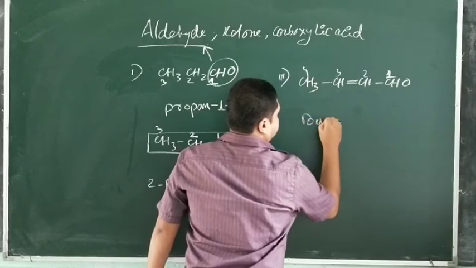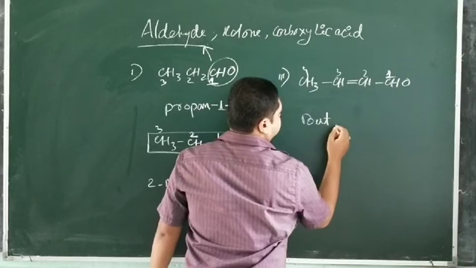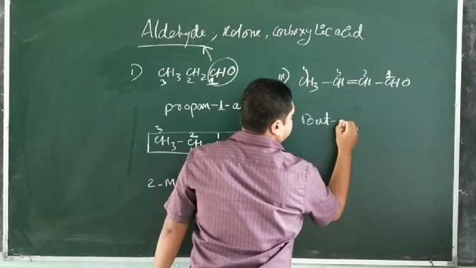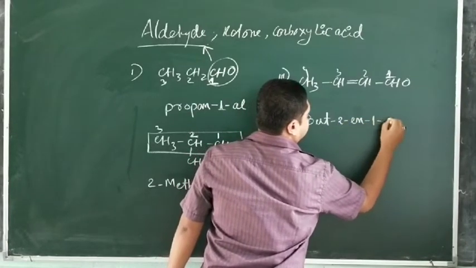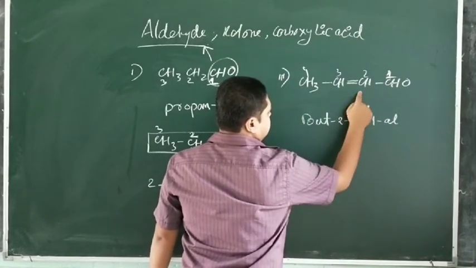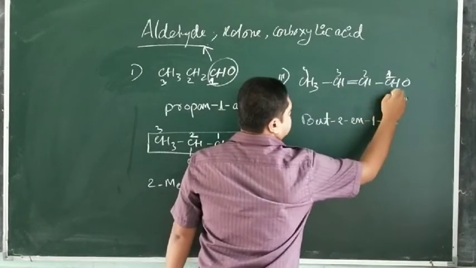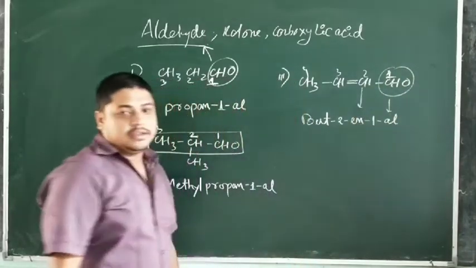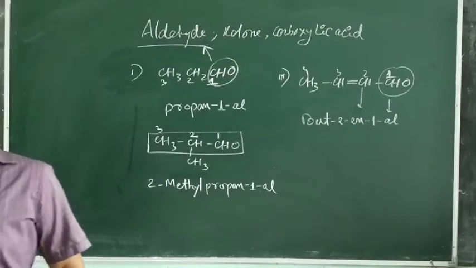That means butane, but it is not butane, as a carbon double bond is there. So butene. But-2-en-1-al. So 2-en means the position of the double bond is 2, and 1-al means the position of the aldehyde group is 1. So these are the nomenclature of aldehyde.